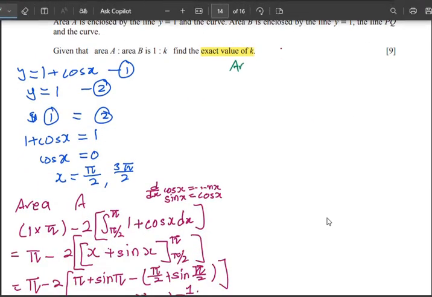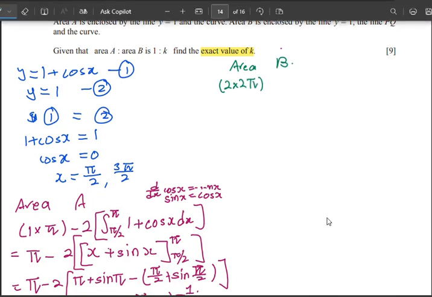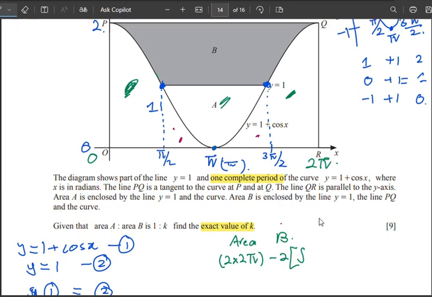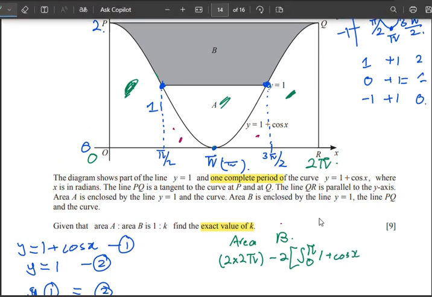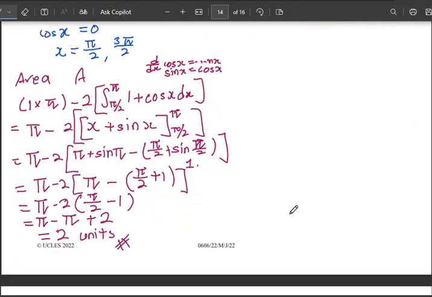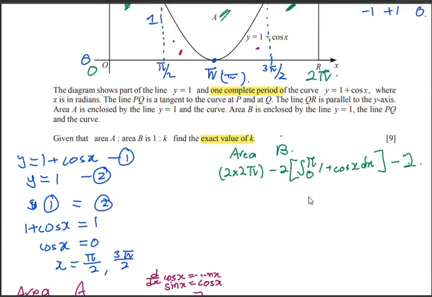So area B is equal to, this is a big equation, 2 times 2 pi minus 2 times the integration from pi to 0, the limit, of 1 plus cos x dx, and then minus, what is the unit? 2 units. So yeah, this is the big integration.